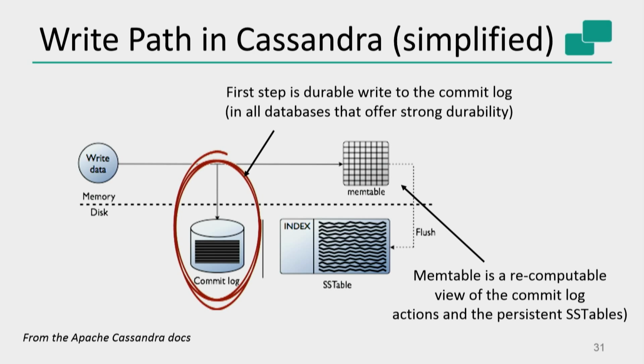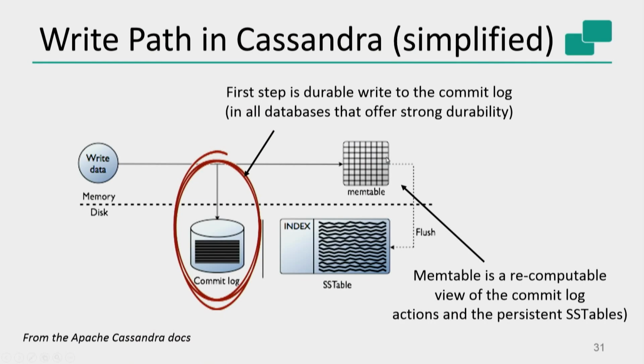So what we see is the first step is about log durability. And that's not only a Cassandra-specific thing. If you go through all kinds of databases that offer durability, that's virtually always the first step. The second interesting thing to notice is that this mem table per se is not a persistent thing immediately, right? System memory, as soon as the process goes down, is lost.